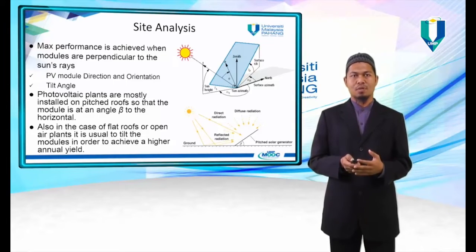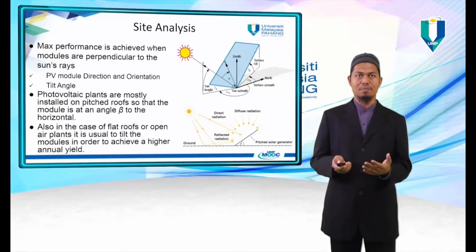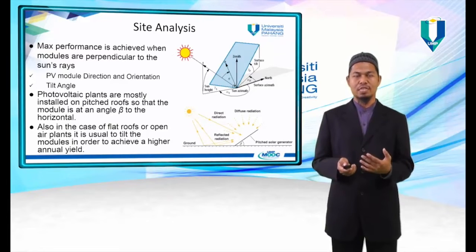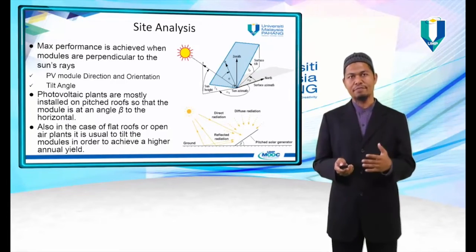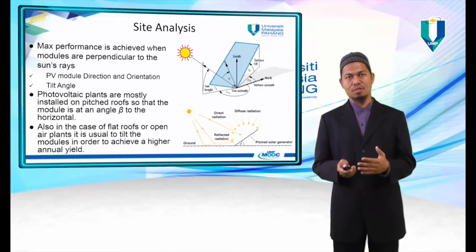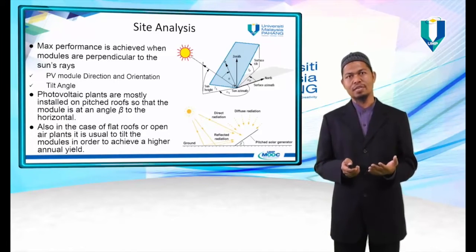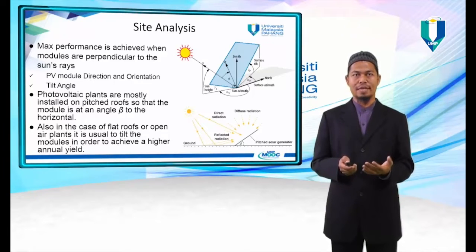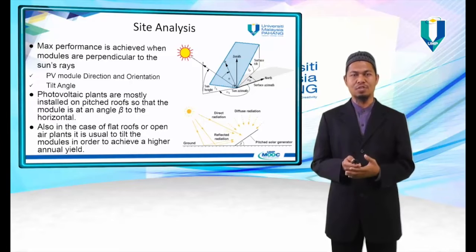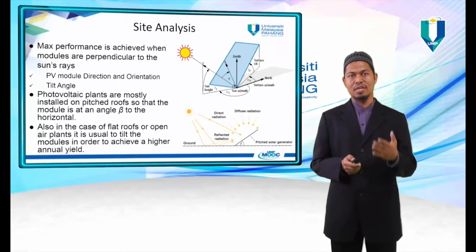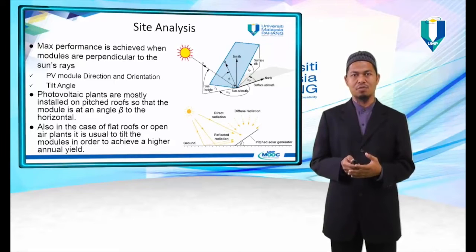We can use many measuring tools and equipment in case we don't have data about solar radiation. If we have enough equipment to measure solar radiation, we can collect the data to design our own PV system.